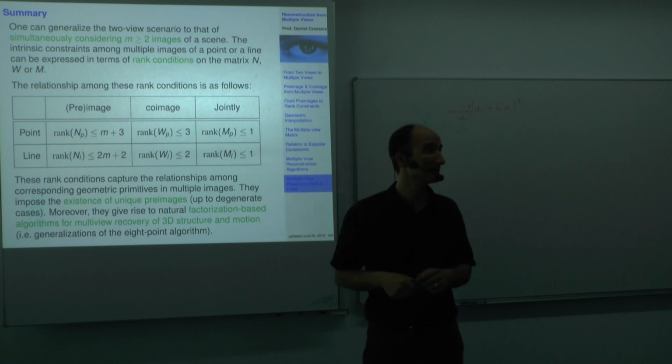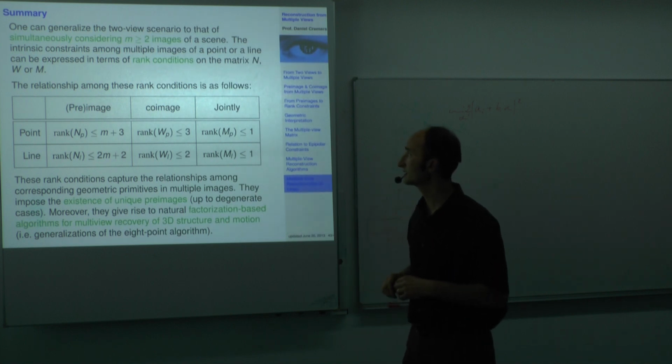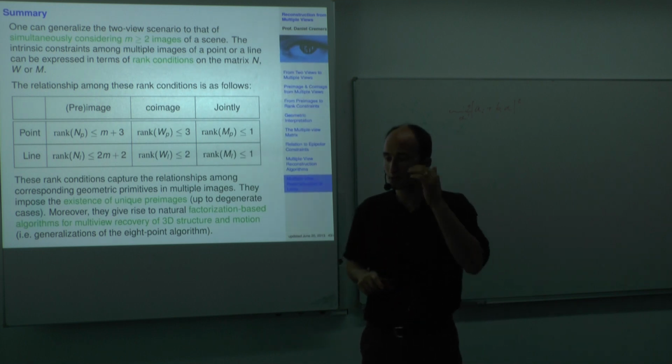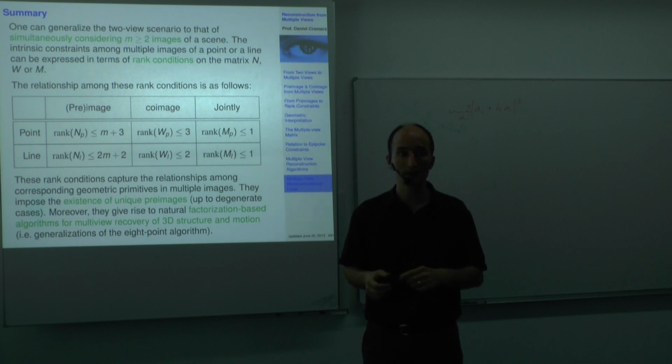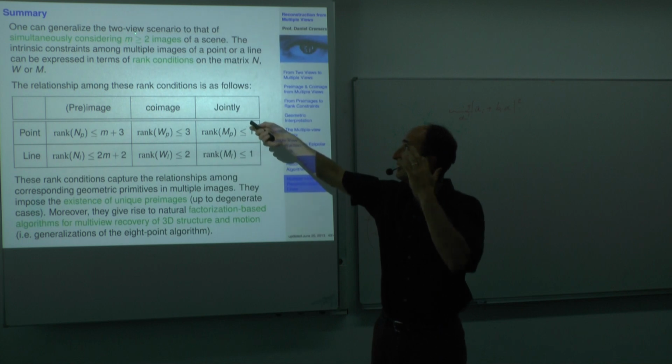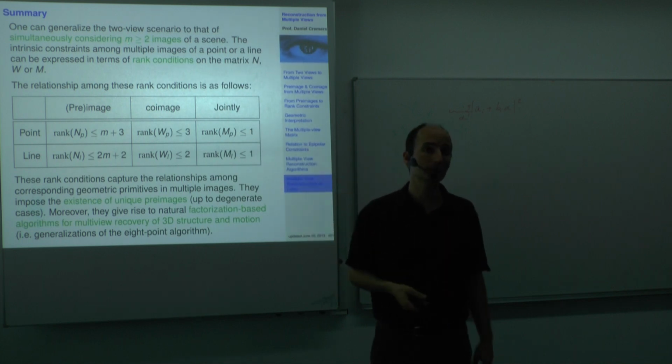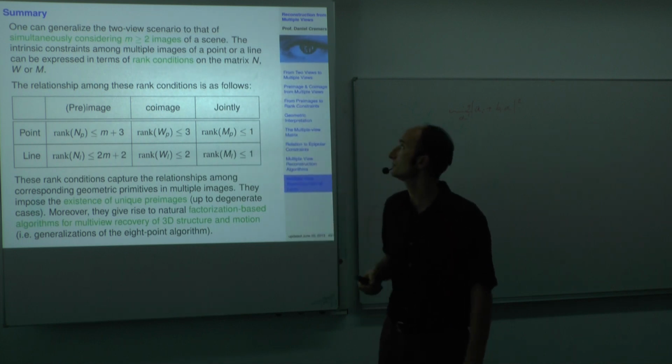To summarize the entire chapter here on multiple view reconstruction, we showed that one can generalize the two-view scenario to multiple views, to simultaneously considering M larger or equal to 2 views, 3, 4, 5 views.